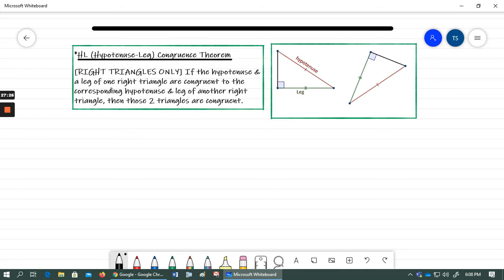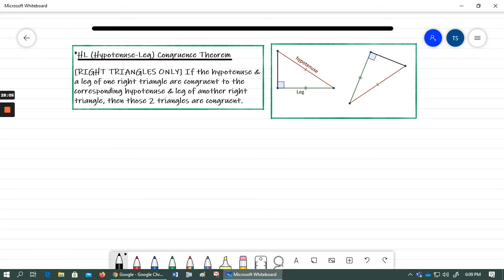What I'm saying is that the hypotenuse leg congruence theorem, the one that has that word hypotenuse in it, only works for right triangles, because you don't have a hypotenuse in any other type of triangle except right triangles.